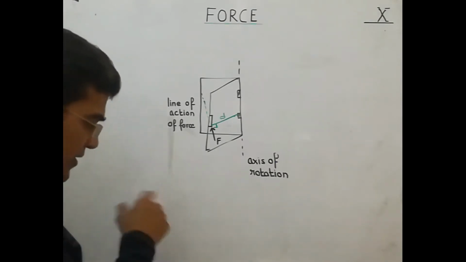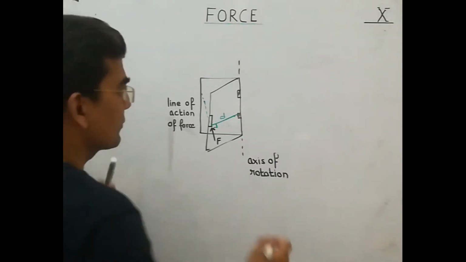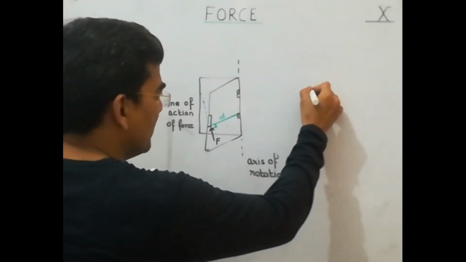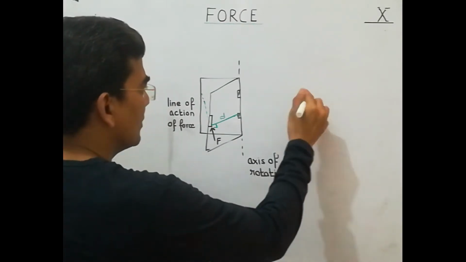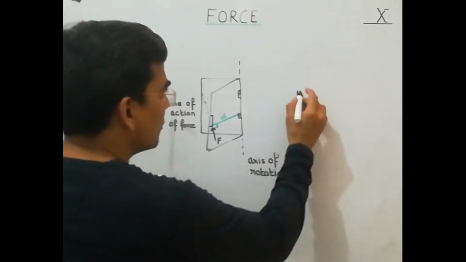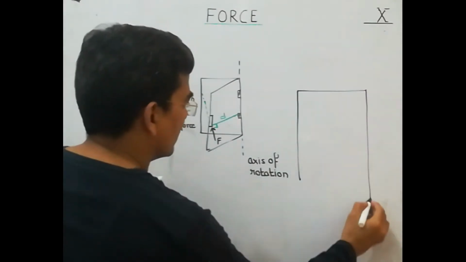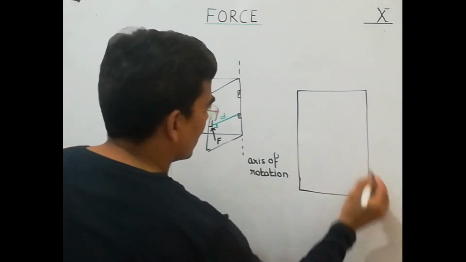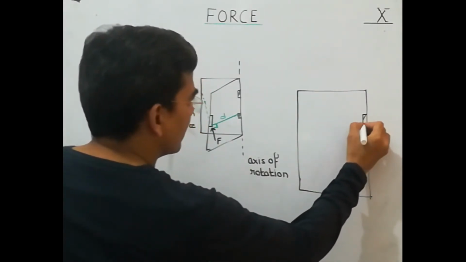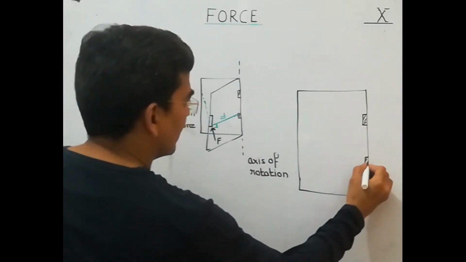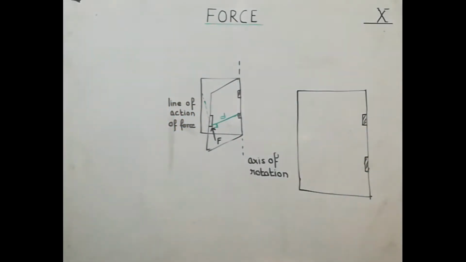Now let us see in this example only. Let this be another diagram for the door. These be the hinges about which this door will rotate. Okay.